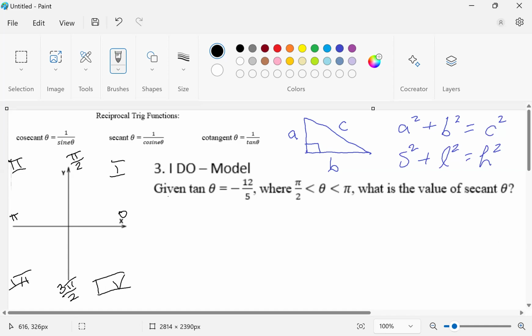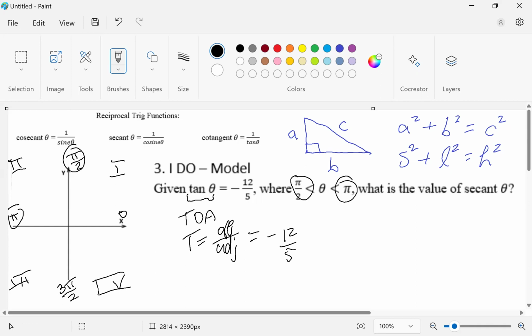So we read the question, given that the tangent of theta, and remember from SOHCAHTOA, TOA, tangent equals opposite over adjacent. Given that the tangent of the angle theta equals negative 12 over 5, where the angle theta is between pi over 2, which is here, and pi, which is here.